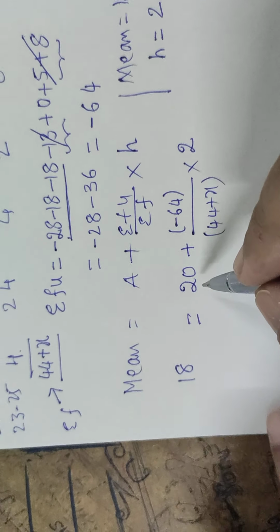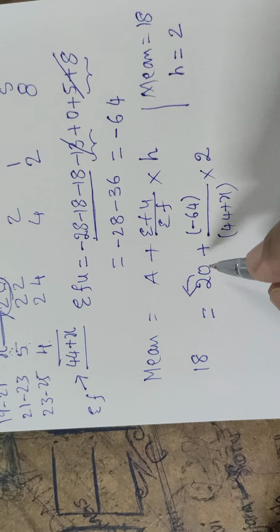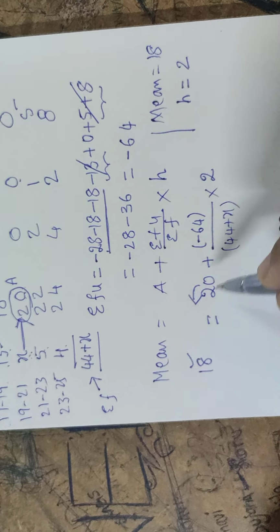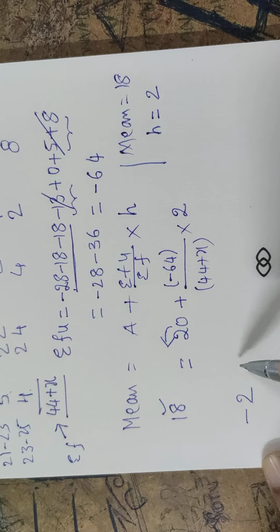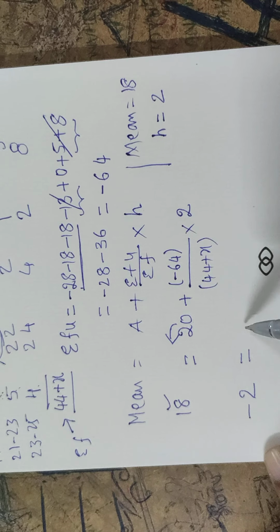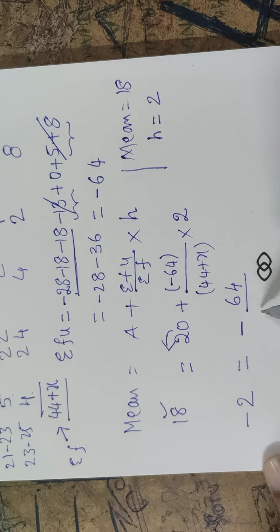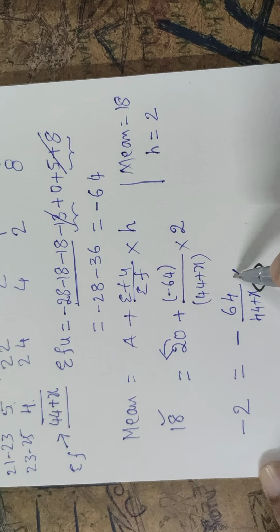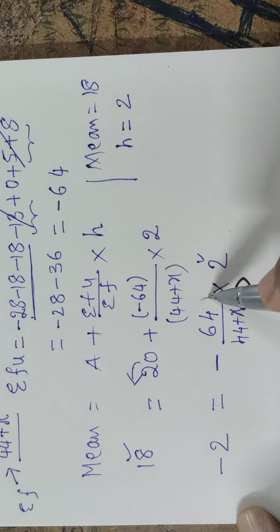Now this 20 has a plus sign. Let it be sent here: 18 minus 20 will be minus 2, equal to minus 64 by 44 plus x, into 2. You see, this 2 is multiplying here.